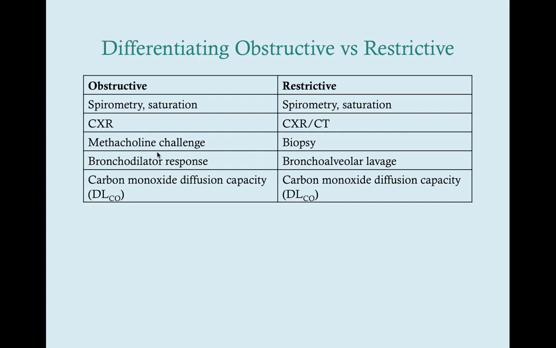But you can use a methacholine challenge and a bronchodilator response to see if it's due to more of an upper airway problem versus a lower airway problem. We'll talk about this in greater detail when we talk about asthma and COPD. With restrictive diseases, to determine the exact restrictive disease, if it's a parenchymal disease, biopsies are going to be helpful for that, and bronchoalveolar lavage.